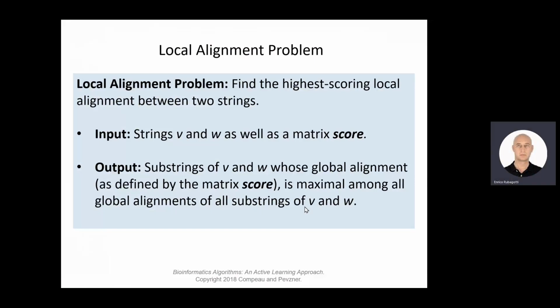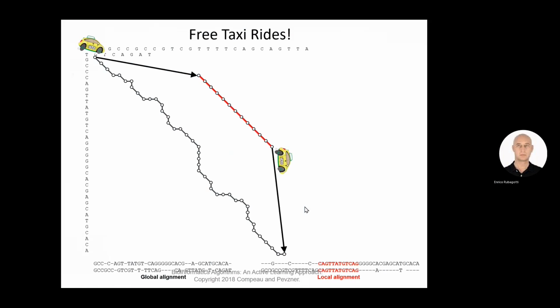And as output, we will have a substring of V and W whose global alignment is maximum among all global alignments of all substrings of V and W. So I'm seeking a substring. How do I do it?